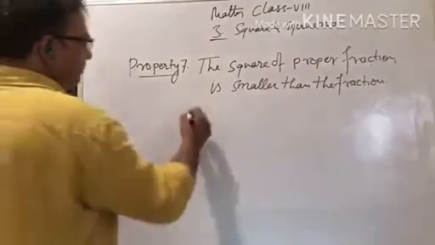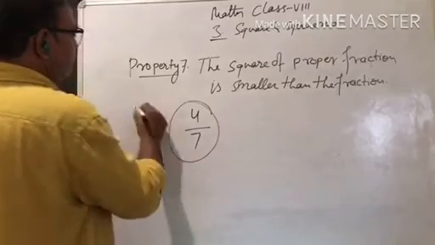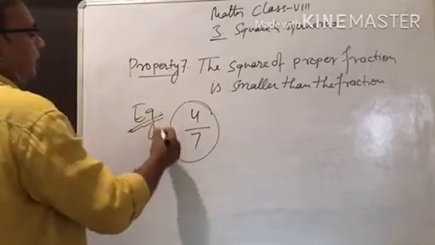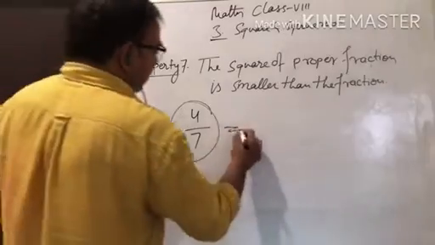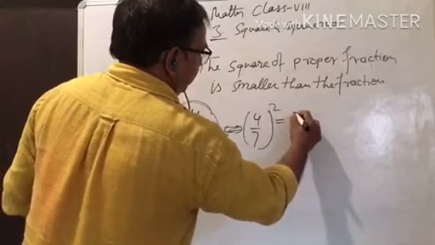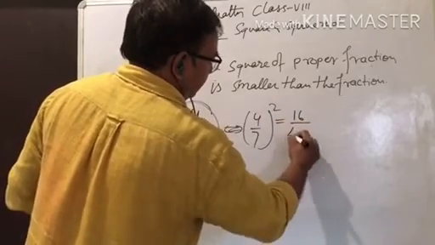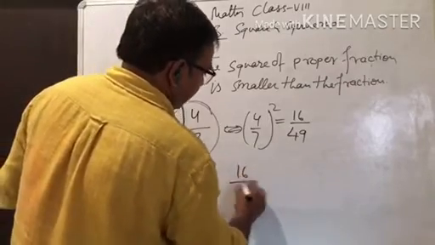Let us see, suppose we take an example, 4 upon 7, which is a fraction. Now let us check. The square of 4 upon 7 is equal to 4 fours are 16 and 7 sevens are 49, so 16 upon 49.